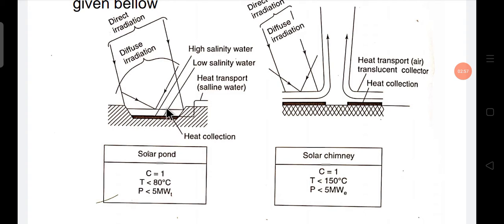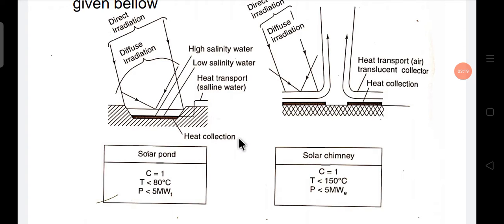This difference in density, or salinity, helps to retain the heat from the sun, and through the bottom salty water we transfer the heat.